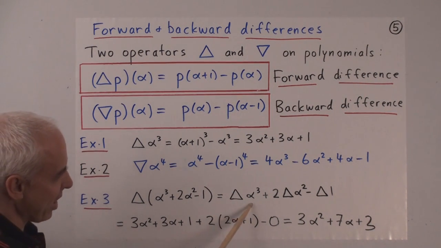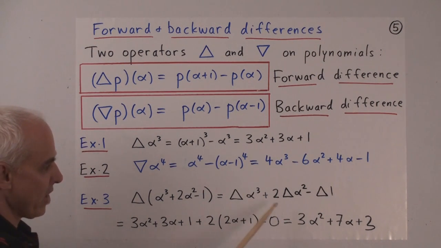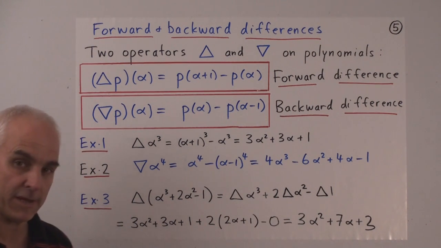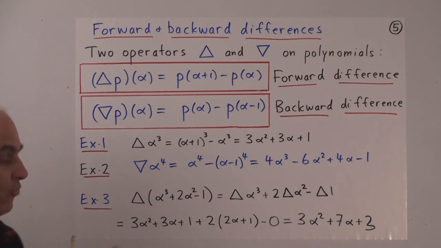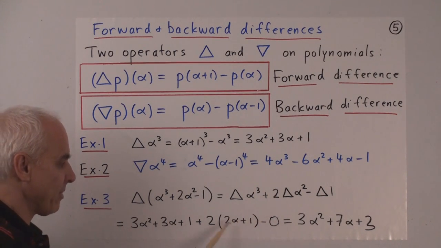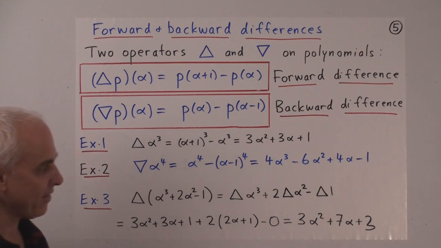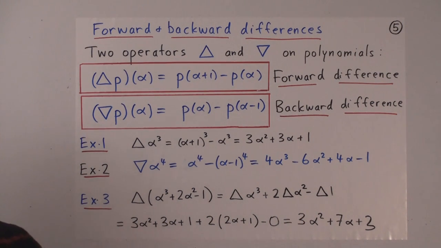So we've calculated triangle of alpha cubed right there. Triangle of alpha squared would be alpha plus 1 squared minus alpha squared, which is 2 alpha plus 1. So we have to multiply that by 2. And then triangle of 1 is the value at alpha plus 1 minus the value at alpha, which is 1 minus 1, or 0.